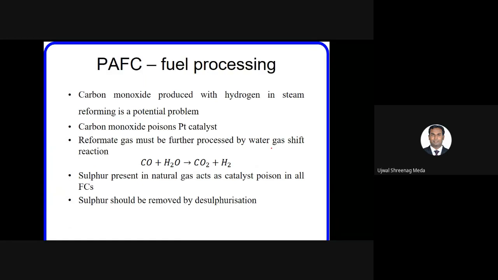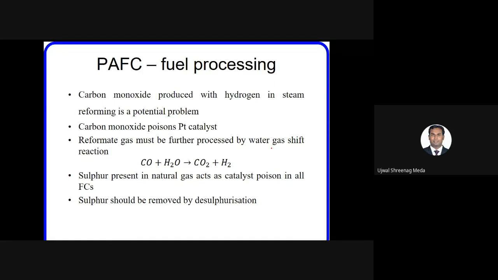So now, if you look at the reaction of steam reforming, along with hydrogen, carbon monoxide is also produced. So in the beginning, we realized that if carbon dioxide is present, it is not an issue.